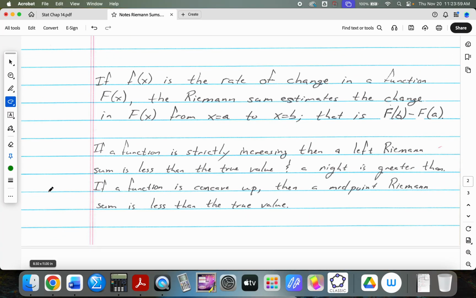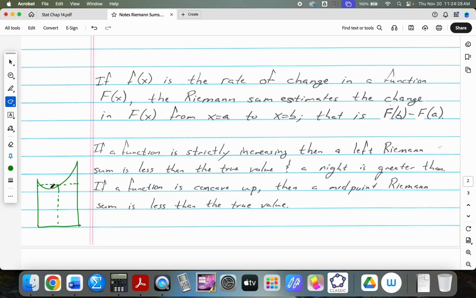if a function is concave up, so let's say we've got this function that's concave up, and we use a midpoint Riemann sum. So we would be using the midpoint as the height of my rectangle. Do you see how I have a whole bunch here that I'm not catching?